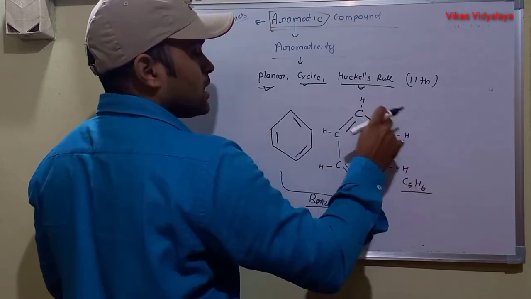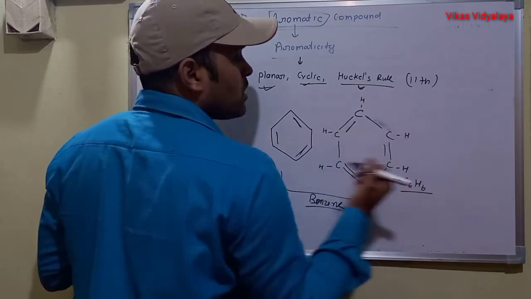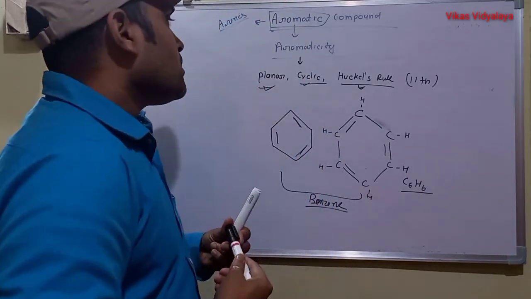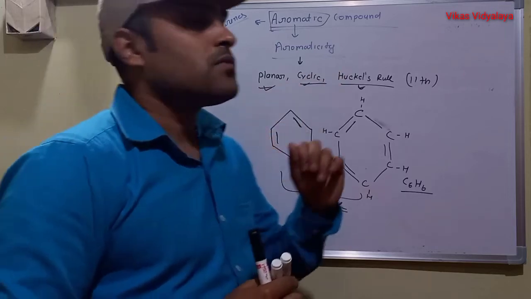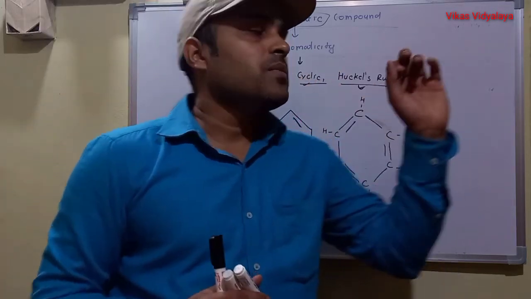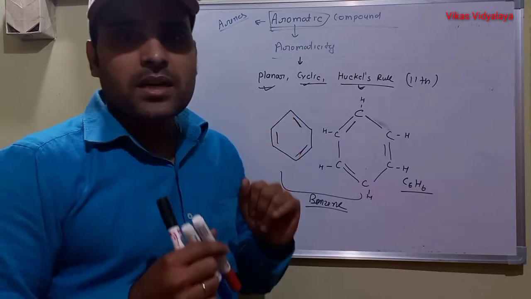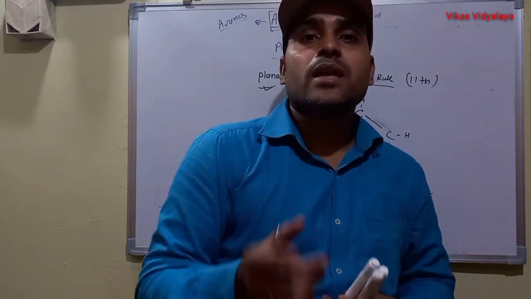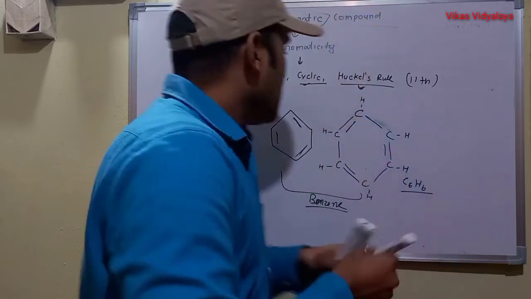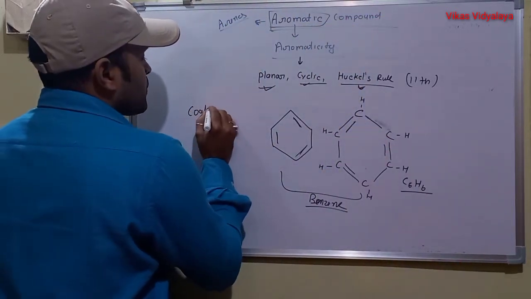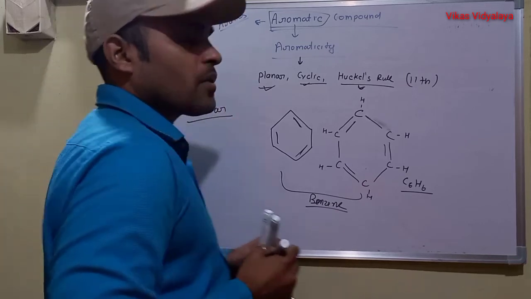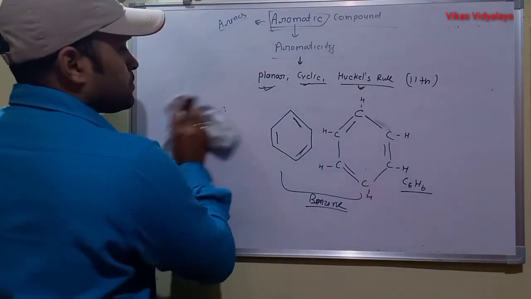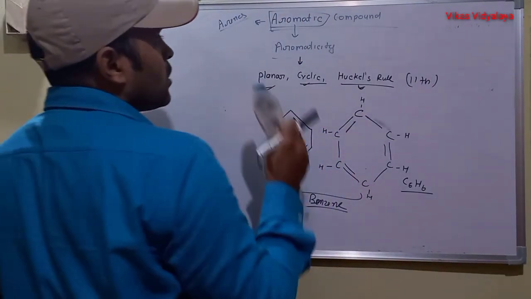We can count: there are 6 carbons and 6 hydrogens, so the formula is C6H6. So aromaticity is a property where the compound is planar, cyclic and follows Huckel's rule. If these 3 properties are present, then we can say the compound is aromatic. The aromatic compound is prepared from coal tar. Aromatic compounds are always present in coal tar. So this is something about aromatic compounds.